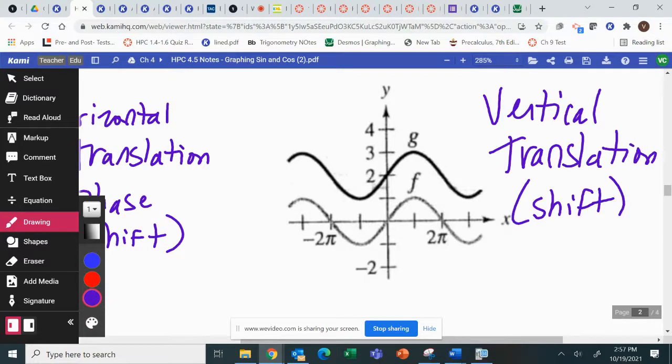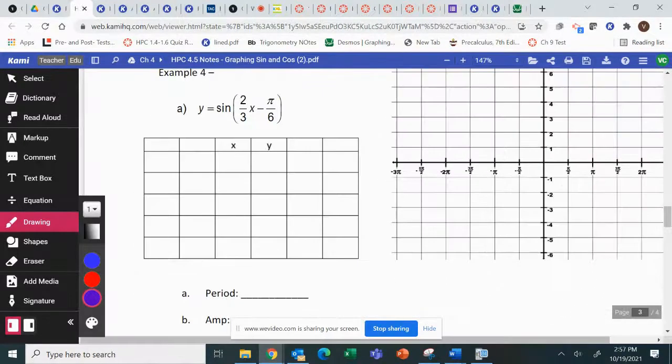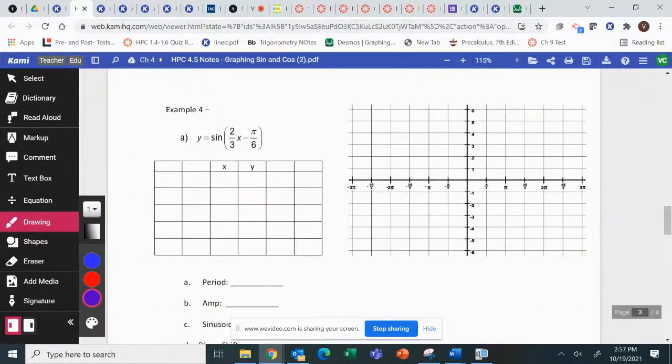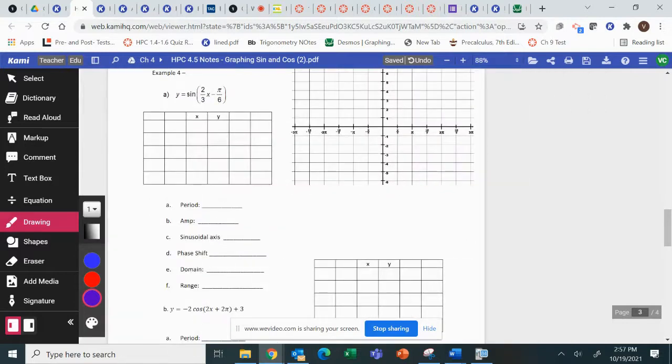So we did not get to the graphs, and I want to make sure that everybody knows how to do these with tables. So you can work ahead. I wouldn't encourage you, if you didn't do so great with transformations in chapter 1, to work ahead. But you can definitely answer, what's the period of this one? What's the amplitude?